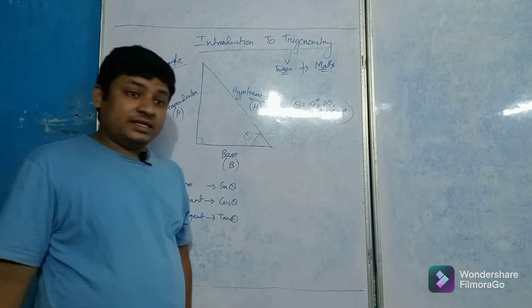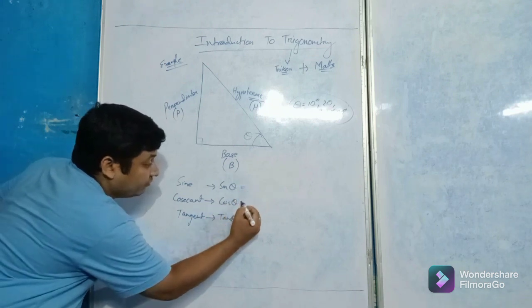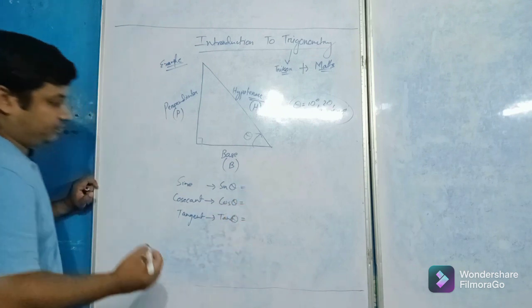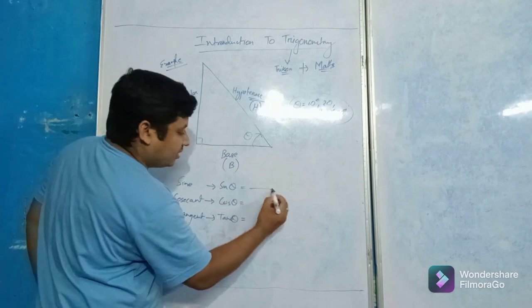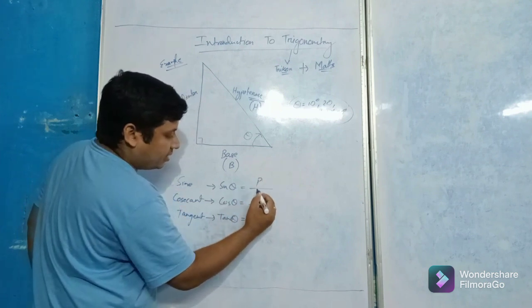Now when it is done like this, what happens? We have some formula for this. It can be perpendicular.